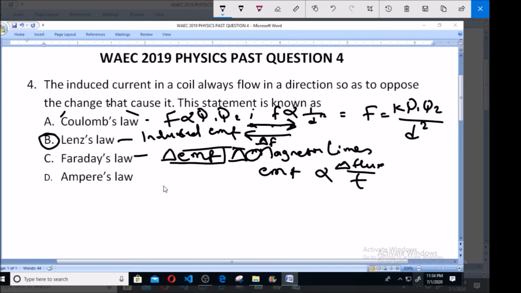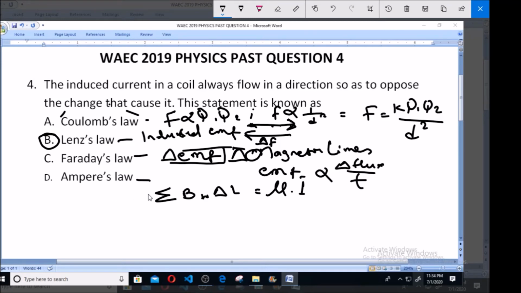And finally, we'll talk about Ampere's law, which states that for any closed loop path, the sum of the length elements times the magnetic field in the direction of the length element is equal to the permeability times the electric current enclosed by the loop. So this is the formula that summarizes the statement of Ampere's law.